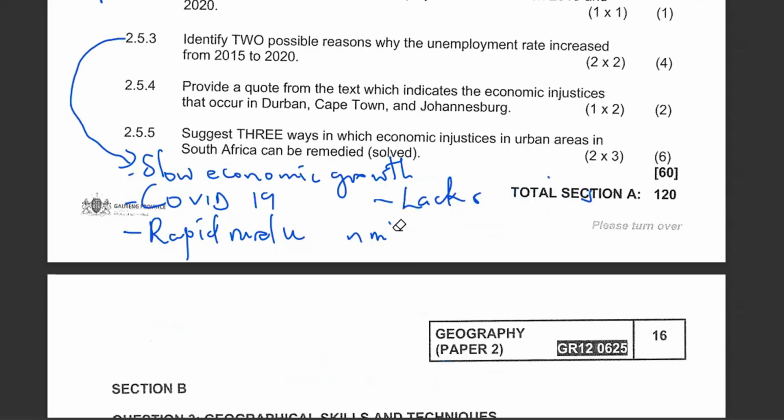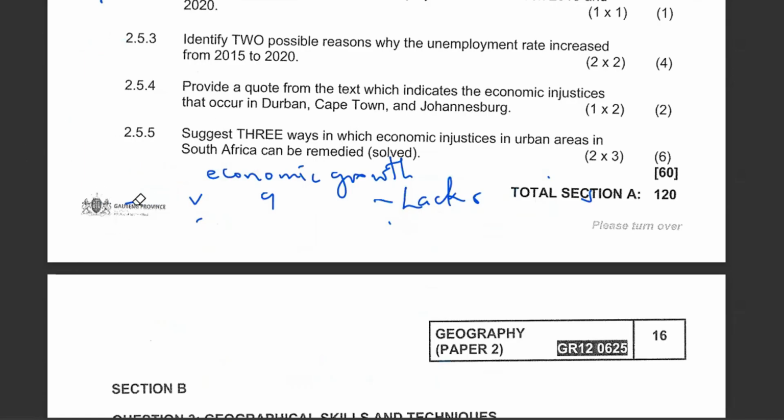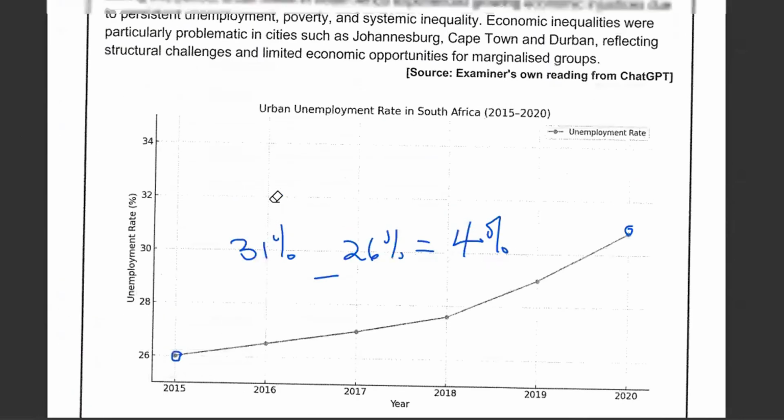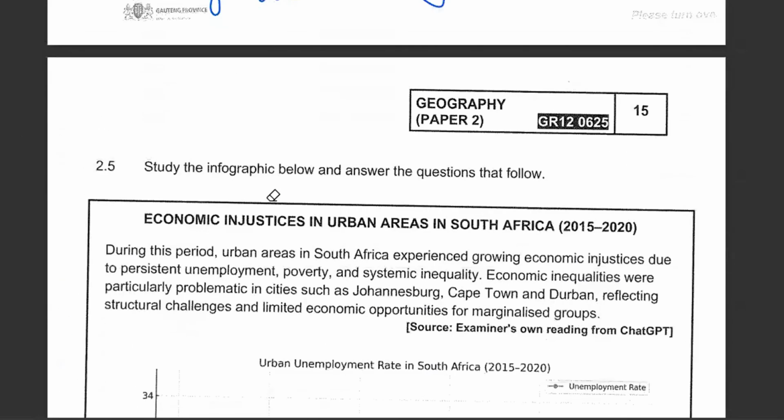That was number 253. We need to move on to 254. Provide a quote from the text which indicates the economic injustices that occur in Durban, Cape Town, and Johannesburg. Right. We go to our text.